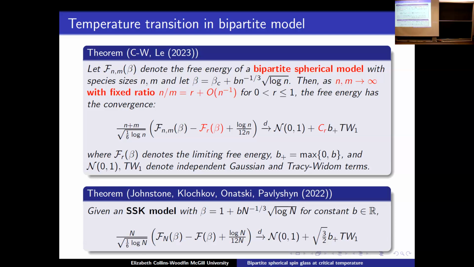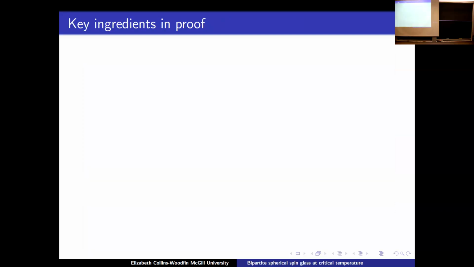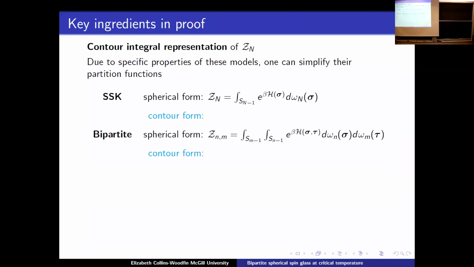I wanted to talk now a little bit about the analysis that goes into it, where all this comes from. So the key ingredient that we start off with that makes this class of models like SSK and bipartite SSK really nice is a contour integral representation that we can get for Zn.